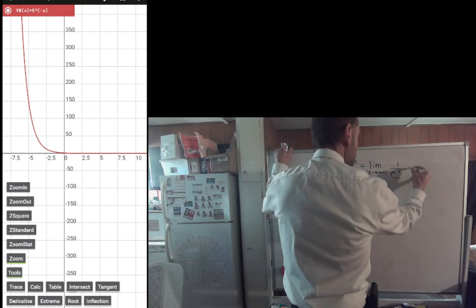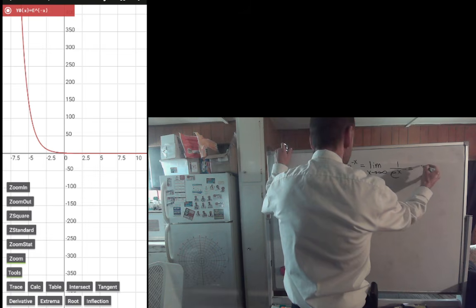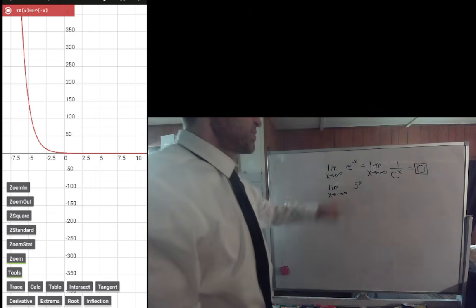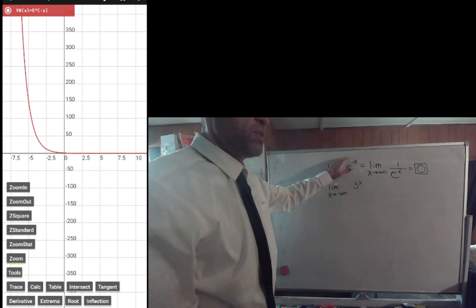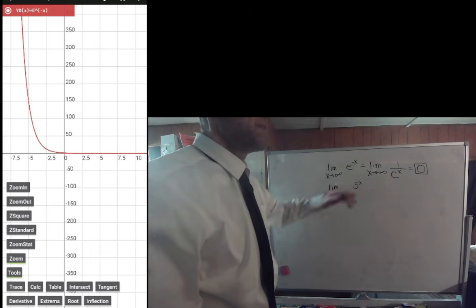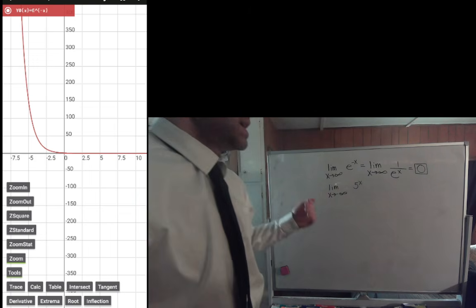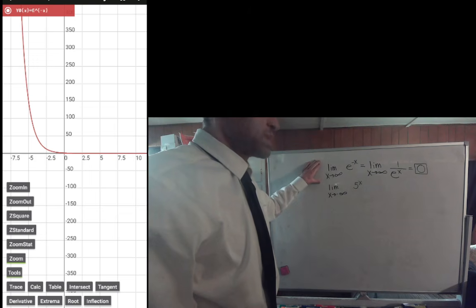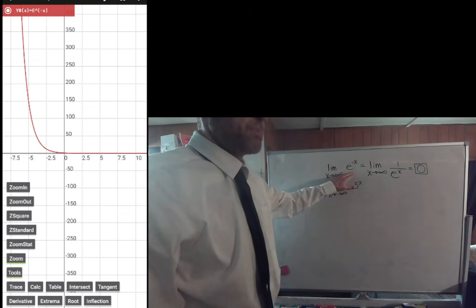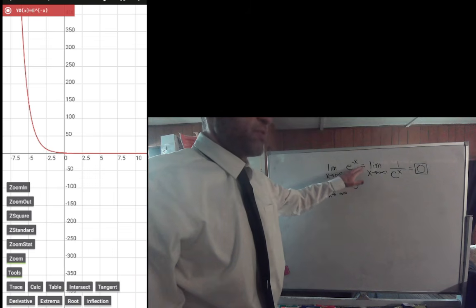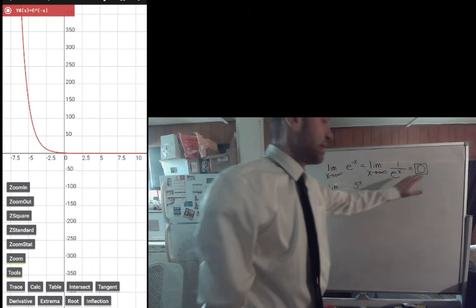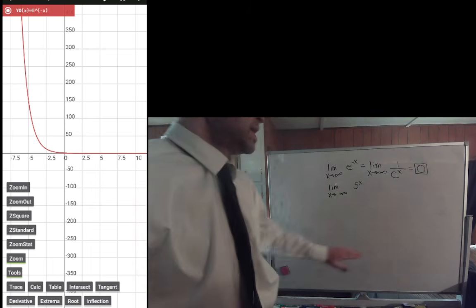So in fact, the limit as x approaches infinity of e to the negative x would be 0. And that would be the same for 5 to the negative x, 2 to the negative x, 10 to the negative x, what have you. The limit as x approaches infinity of any exponential function to a negative variable power is going to be 0.